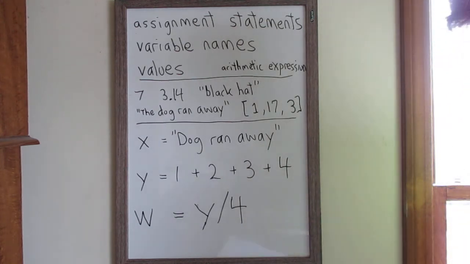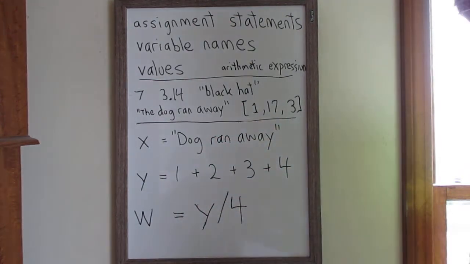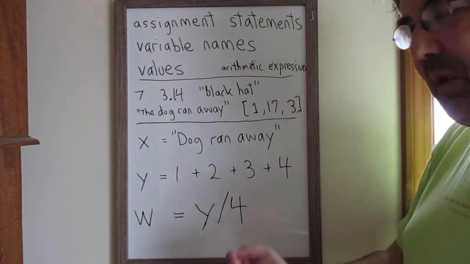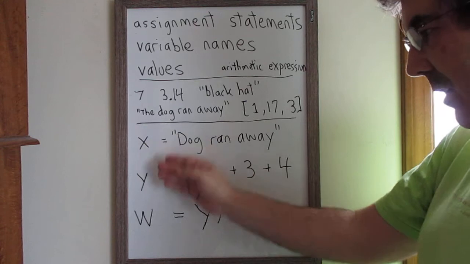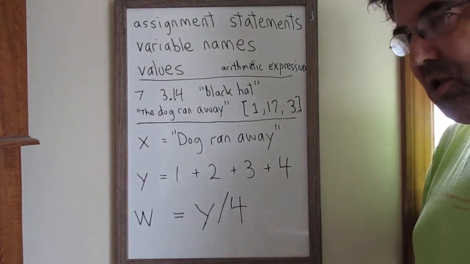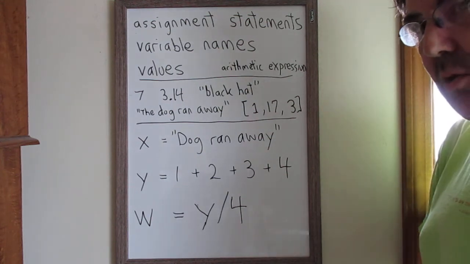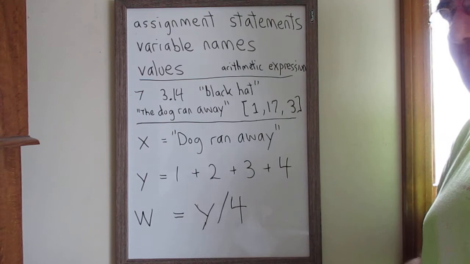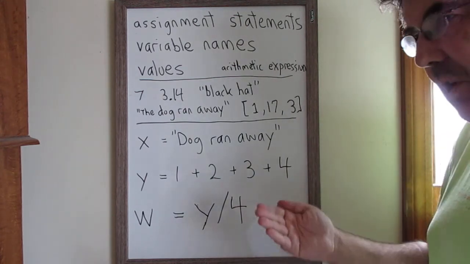Now let's look at assignment statements. Here are 3 assignment statements. You use assignment statements to make connections between values and variable names. When variable names are attached to values, that means you keep track of that value so that you can use it later in the computer program for computations.